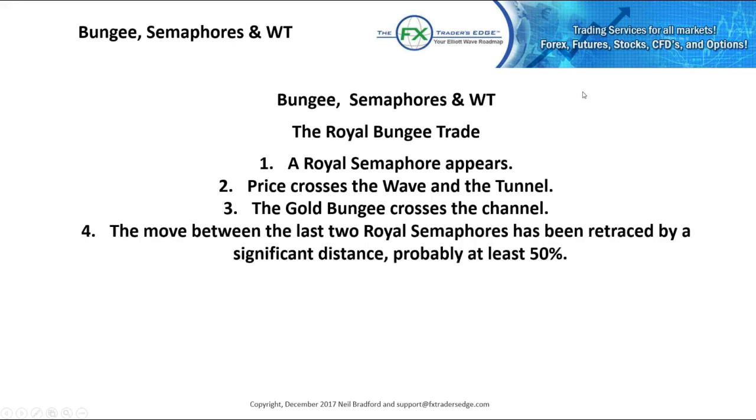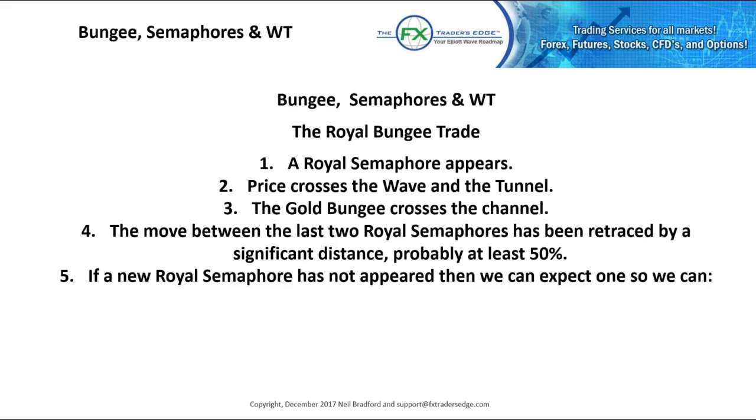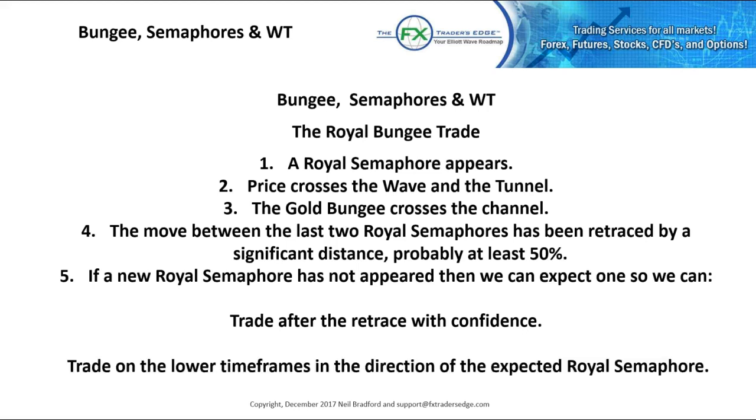The move has to be significant relative to the previous move between the two royal semaphores. They don't happen every time, these, but when they do, they're fantastic. And we expect a new royal semaphore, so obviously we can trade after the retrace for the royal. And that is the royal bungee trade.